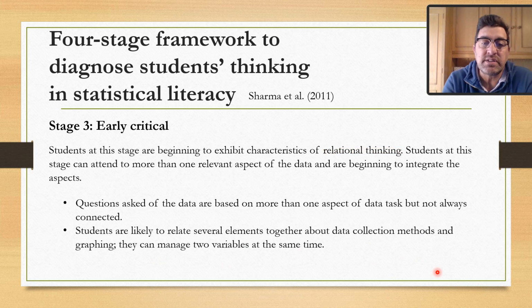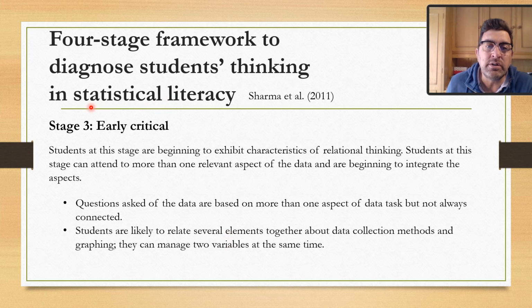Questions asked of the data are based on more than one aspect of data tasks, but not always connected. Students are likely to relate several elements together about data collection methods and graphing. Here they can manage two variables at the same time.